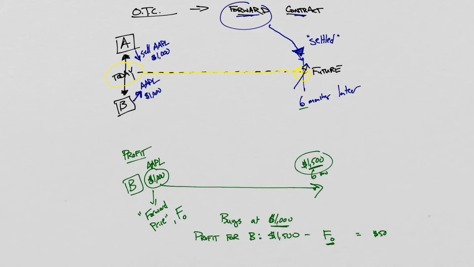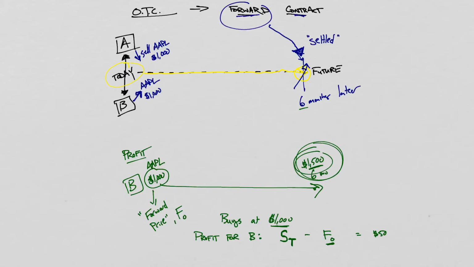And they got to sell it for $1,500 because that's what Apple was actually trading at the finish of this forward contract, 6 months down the road. So that's the price of the underlying at the time of the finish of this contract.